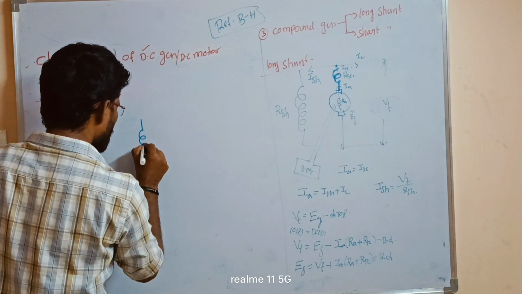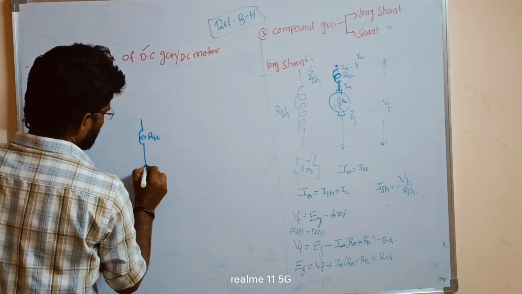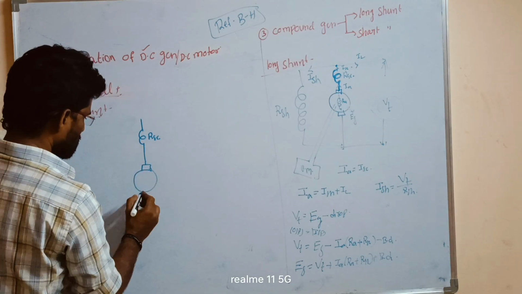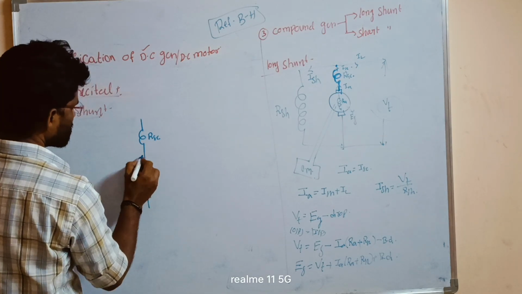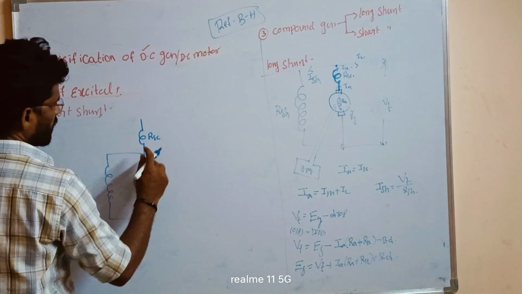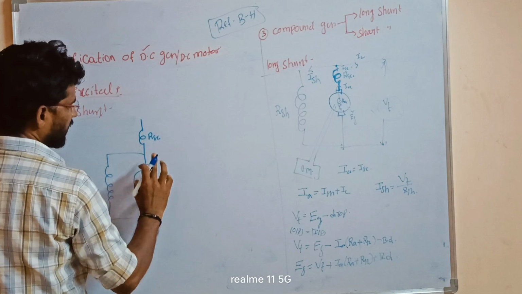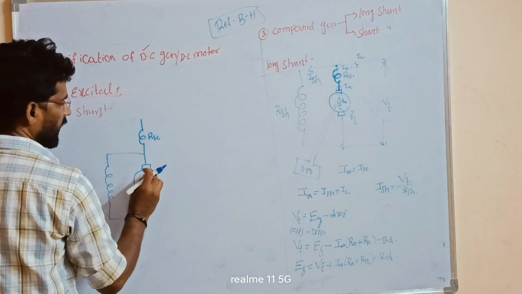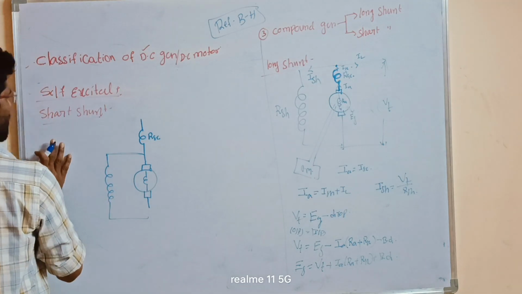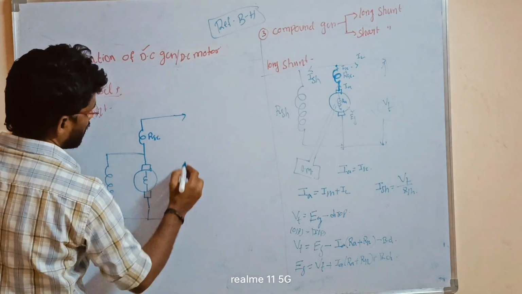These are the armature winding and series field. In the middle, one terminal is divided into series field and armature winding. So this point is where we have the short shunt.